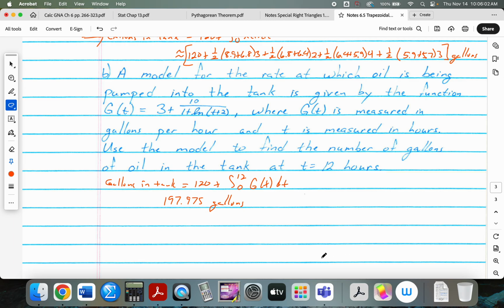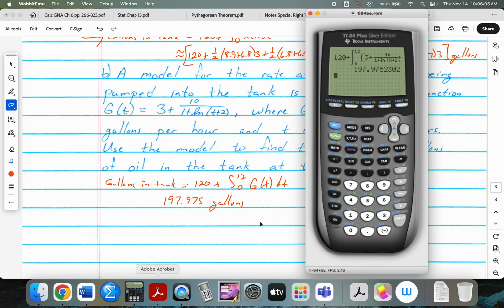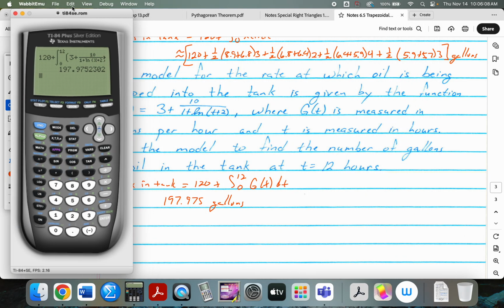I have to tell you, now I'm interested in what our trapezoidal approximation told us that it was. 120 plus 0.5 parentheses 8.9 plus 6.8, close the parentheses, times 3 plus 0.5. And you can see I'm just killing time by doing this. 6.8 plus 6.4. And there are so many places I could go wrong.